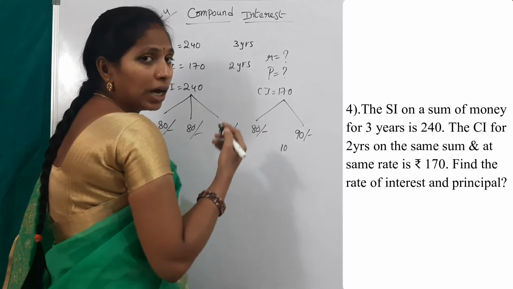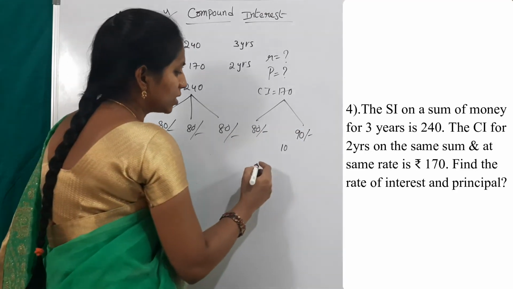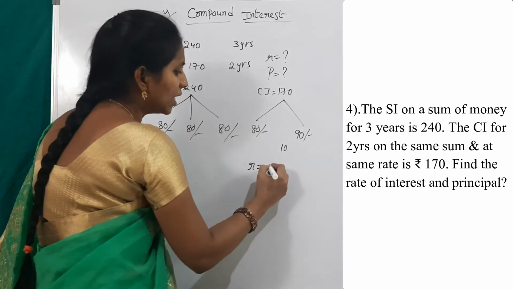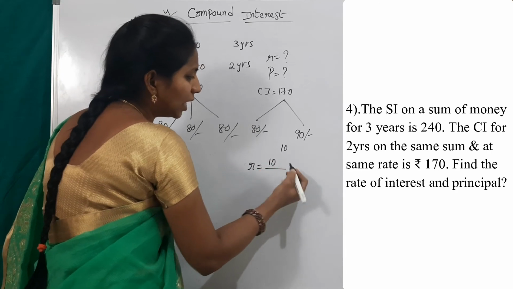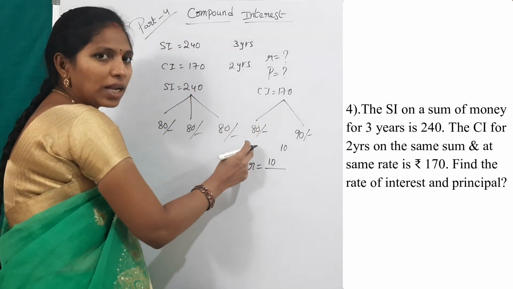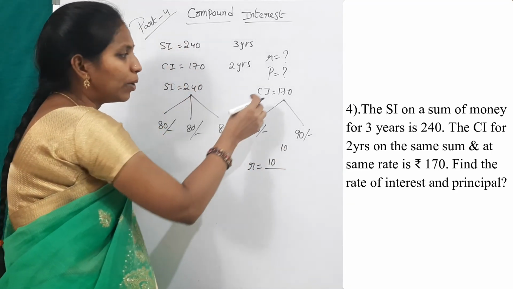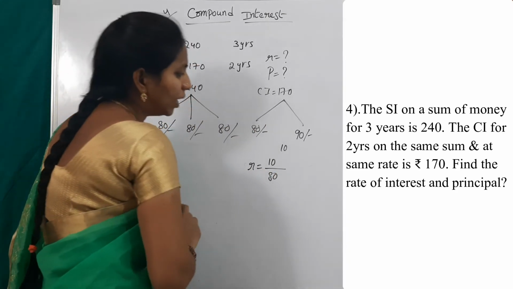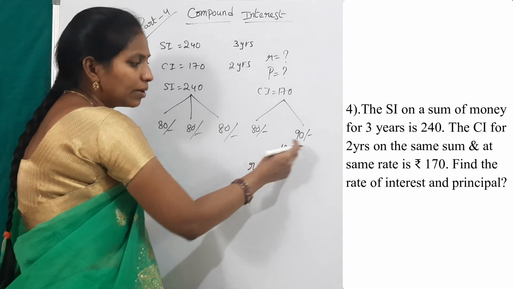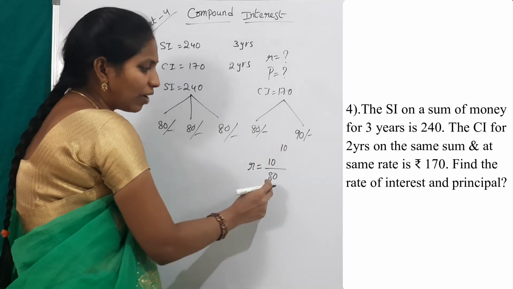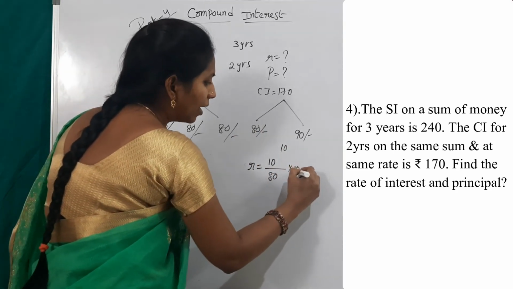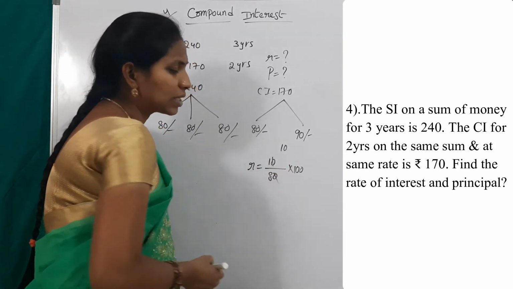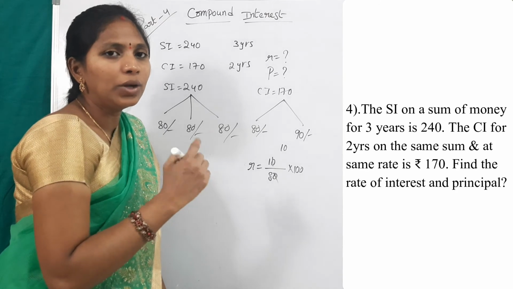Now find out the rate of interest percentage. R equal to how much increased? 10 rupees is increased from first year to second year. What is the base value? Means first year compound interest value 80. Write at the denominator. Difference by initial value into 100. Then we get the rate of interest. 0 gets cancelled. 1 by 8 into 100.